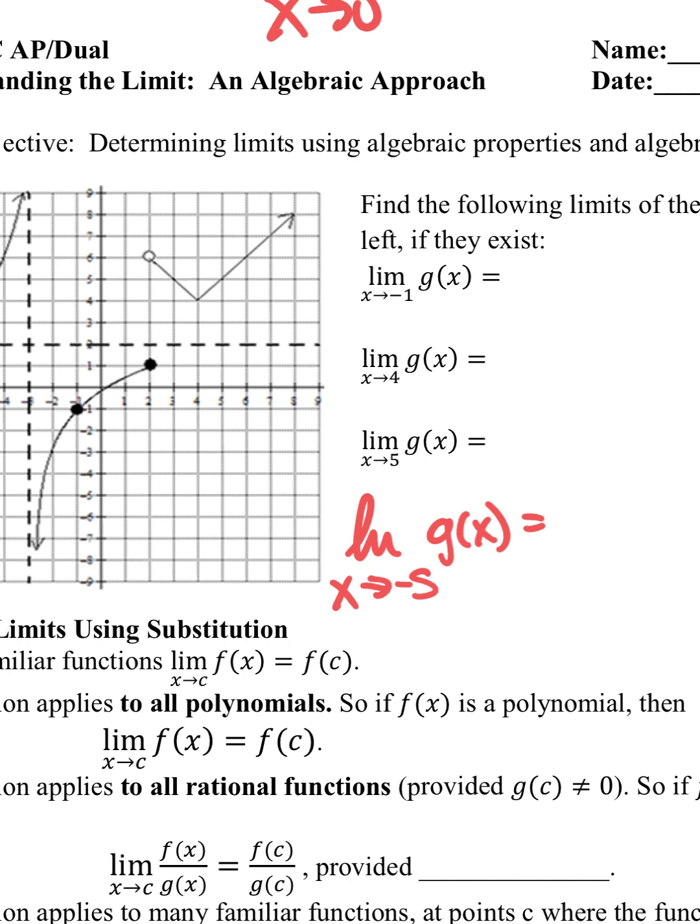Compare what you got with your table. And don't forget the fourth one that I added up there. You approach it from the right side and the left side, to see if it's in the same place.